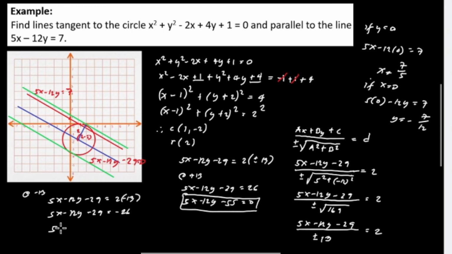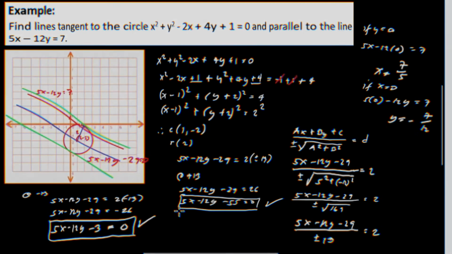Transpose negative 26 to the left, that's positive 26. So negative 29 plus 26 is negative 3, and equate that to 0. And this is the second tangent line. So we have the first tangent line and the second tangent line.